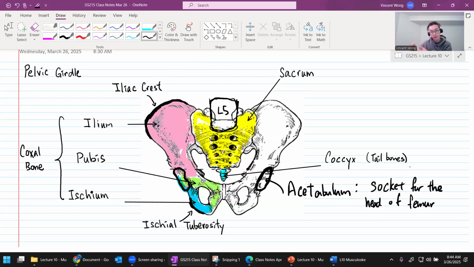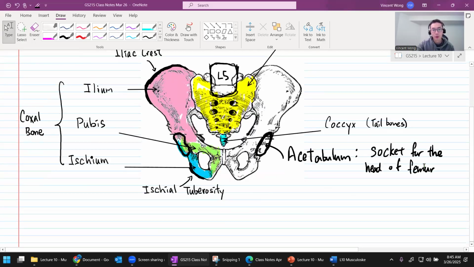Over here, we have the femur fitting into the acetabulum to form another ball and socket joint. I'll show you the femur later, because it's going to ruin the diagram.